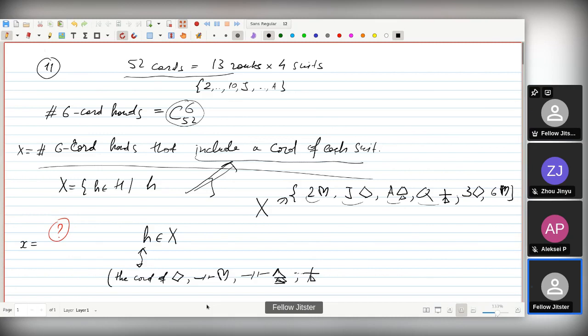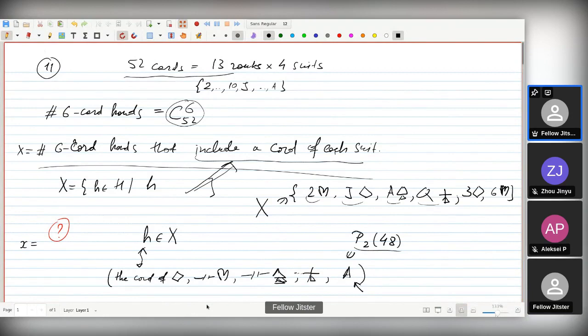Yes, but after that, we want to say that we have 2 more cards. And then we can take a subset of 2 additional cards. So it is a subset of how many? 52 minus 4. That is a subset of 48 cards.